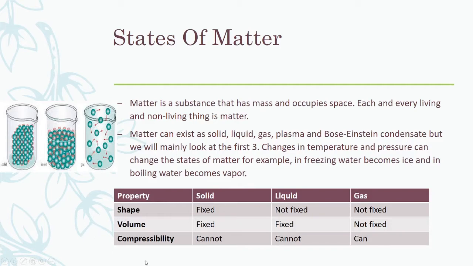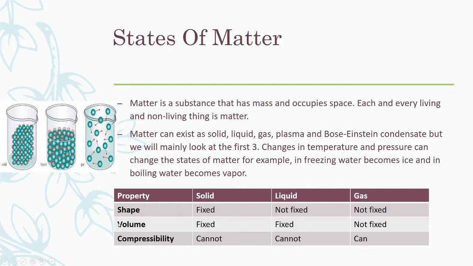Now this is one of the most important things of this chapter. You will have to learn this table about the properties of solids, liquids and gases. The shape of a solid is fixed, whereas the shape of a liquid is not fixed. The liquid flows, along with the gases. The volume of a solid is fixed, and it is the same with a liquid, but not with gases.